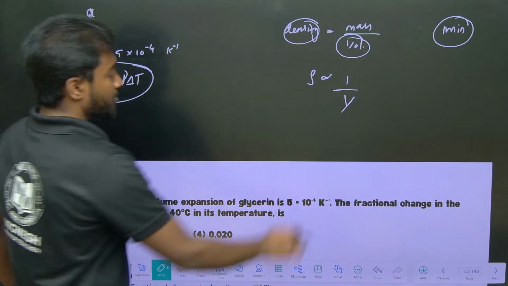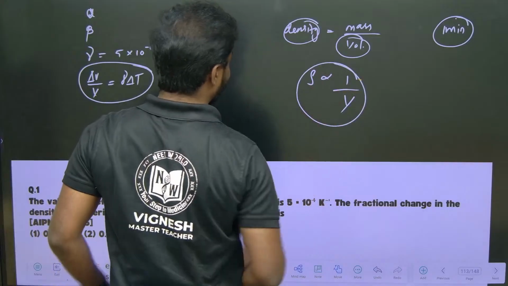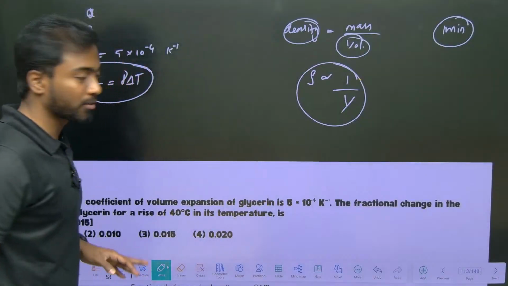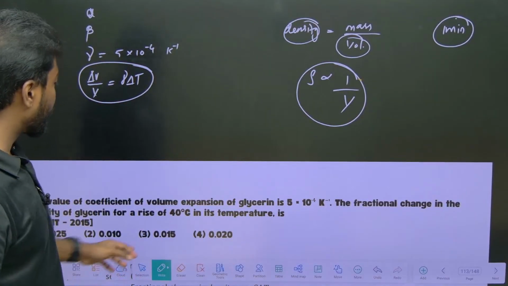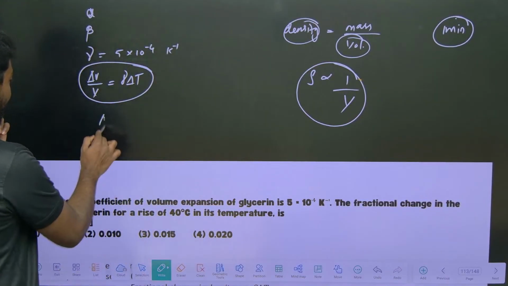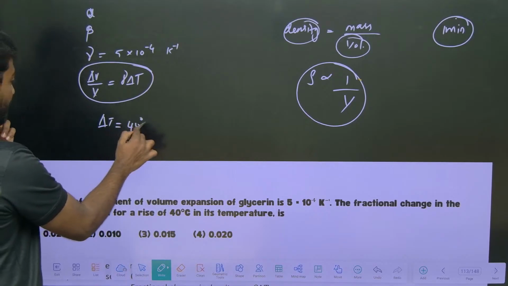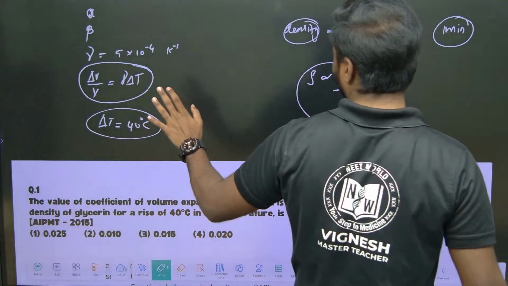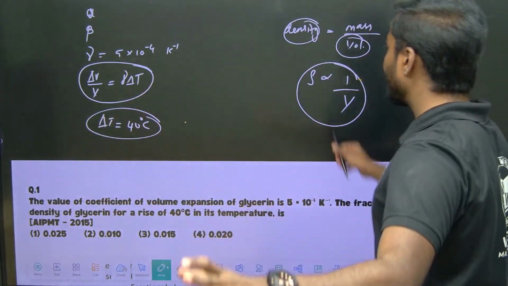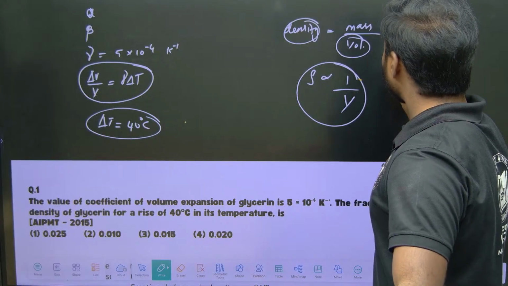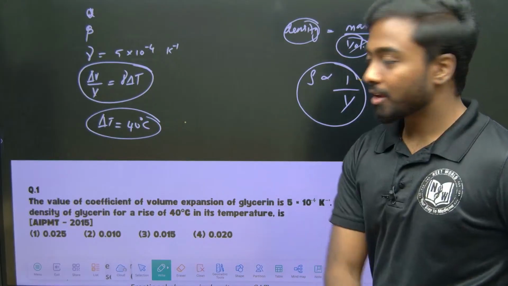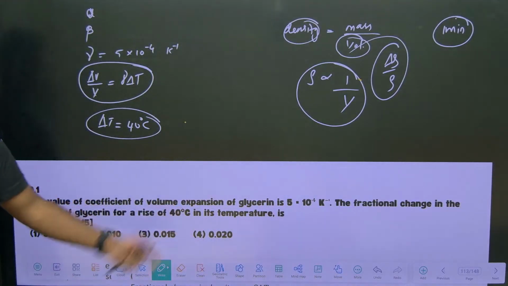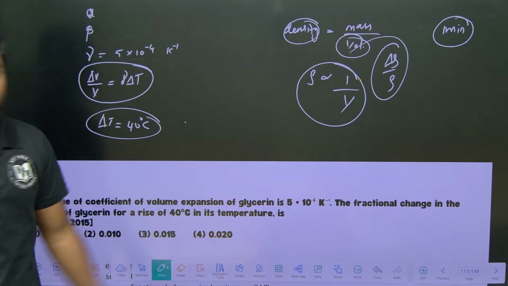Take this relation and compare these two relations to answer the question. The temperature given is delta T equal to 40 degrees Celsius. We have the temperature and gamma, and we need to find only delta rho by rho, the fractional change of density. You have a solid 1 minute. Option 1, 2, 3, 4, which is the correct answer?